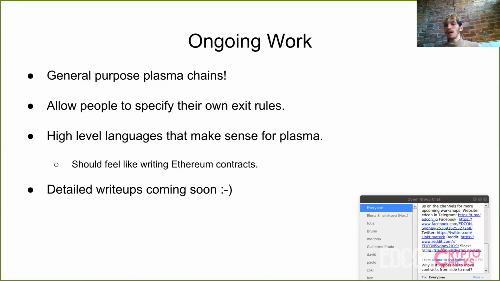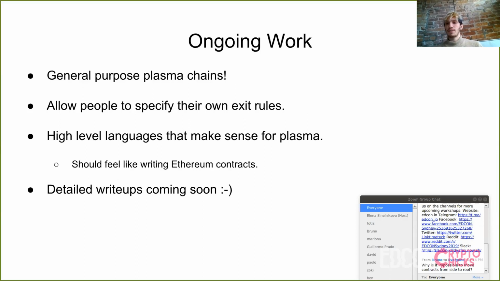You just add more logic. You effectively just write a new smart contract. And ideally, there are high-level languages that make sense, and it should feel like writing smart contracts on Ethereum.